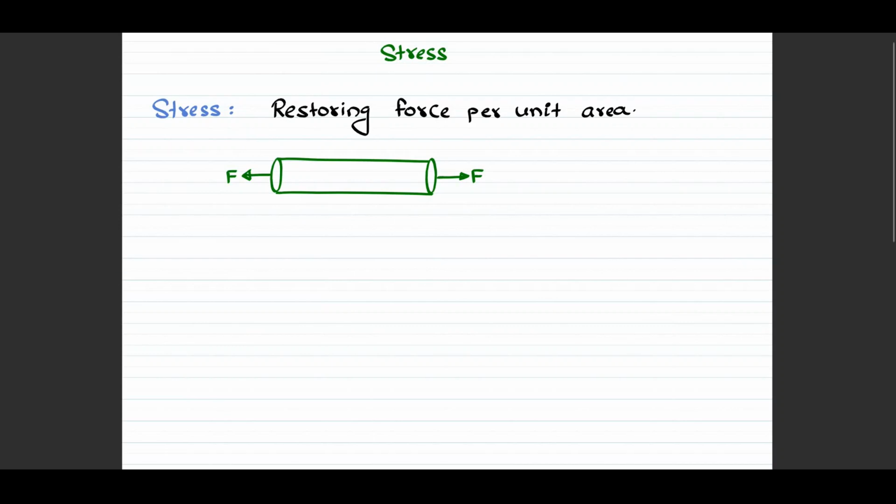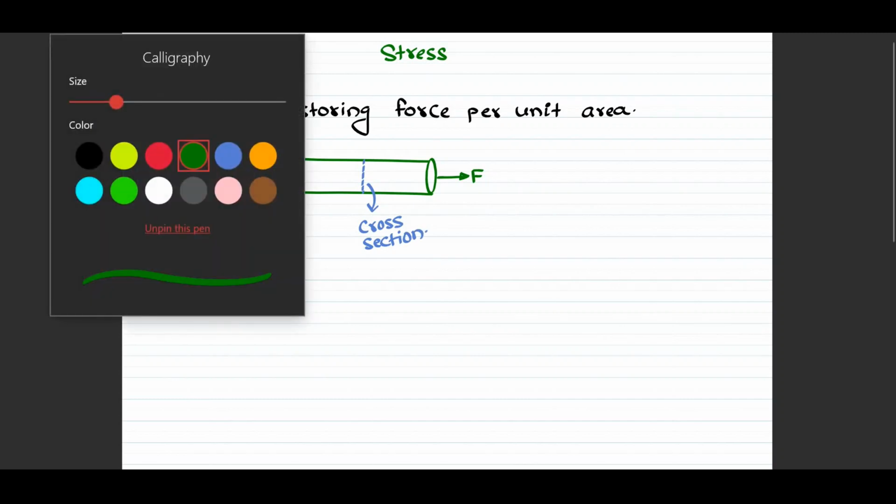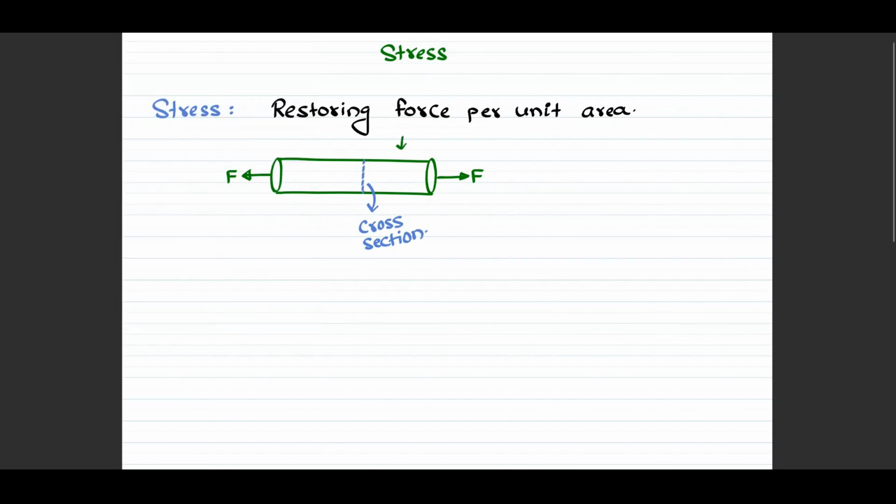If I consider a cross section here, so if I draw the FBD of the right half, this external force will remain as it is.